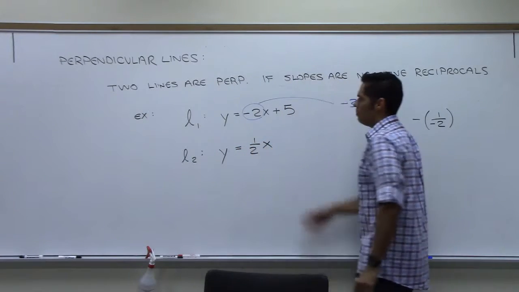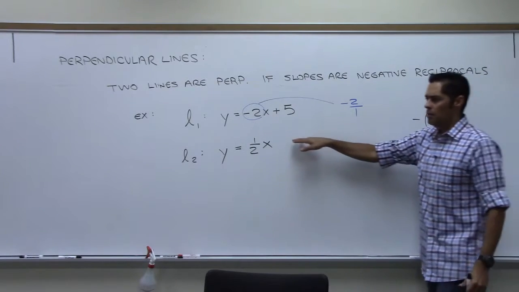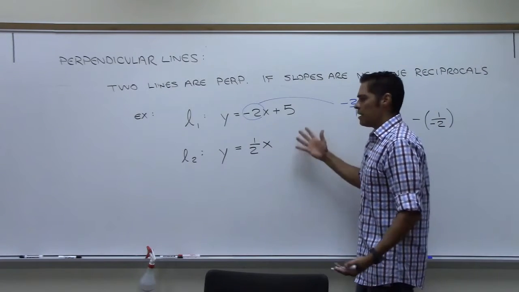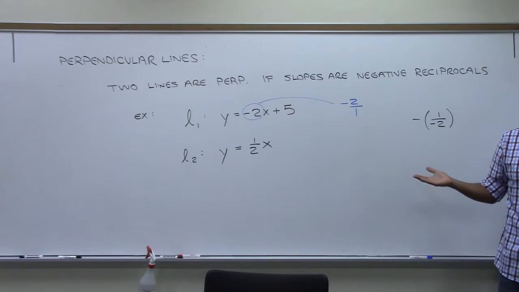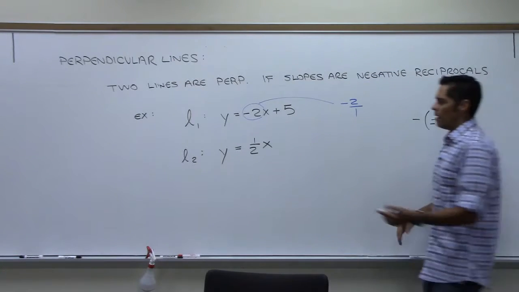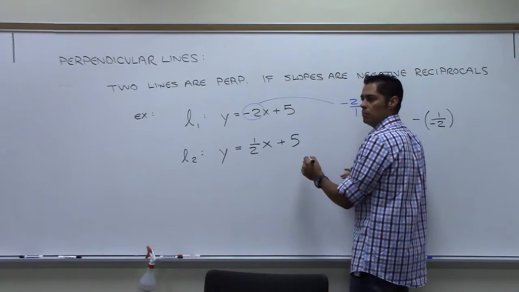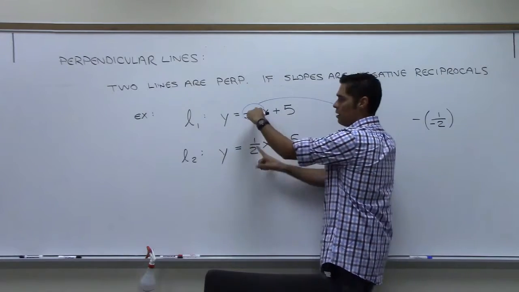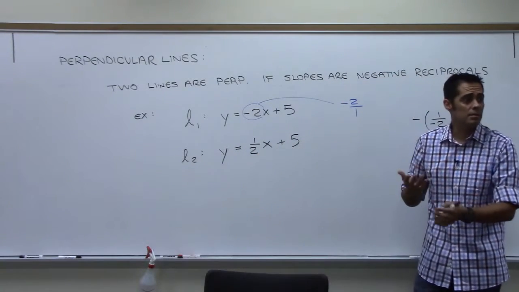So would these two be perpendicular? Yes. Now what about the y-intercept out here? It could be anything. I could just leave it like that, right? The y-intercept would be 0. Or I could say +2, or could I put +5? Yeah, I could still do it. These slopes would still be negative reciprocals. They would just cross at the same place on the y-axis.